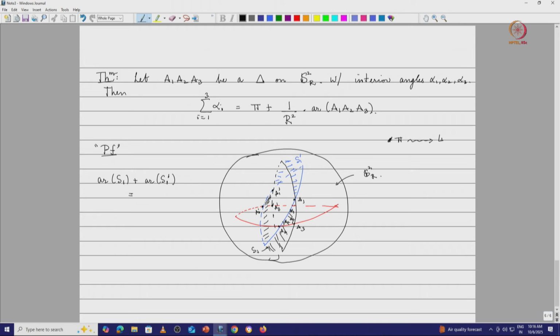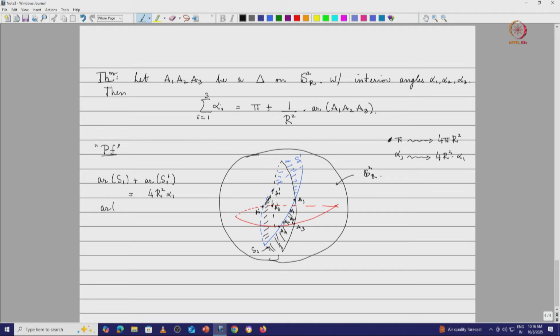So then the area covered would be 4 pi r squared. Right now my angle is alpha 1, so then by the usual ratio thing that we learn in high school, the area is going to be 4 r squared times alpha 1.